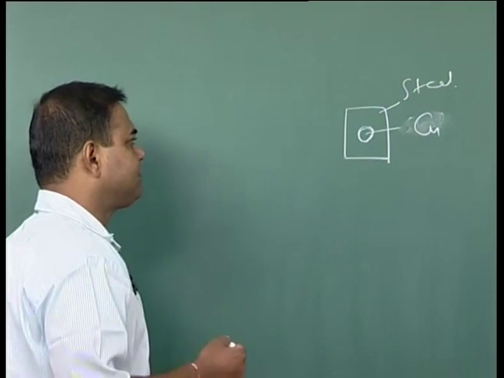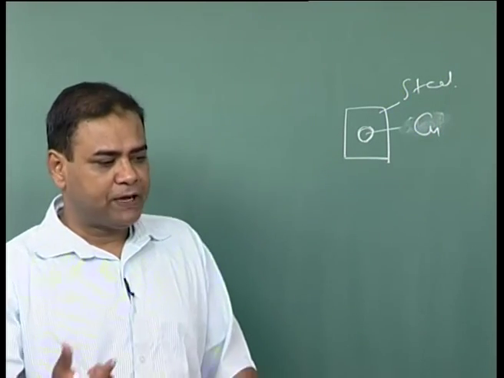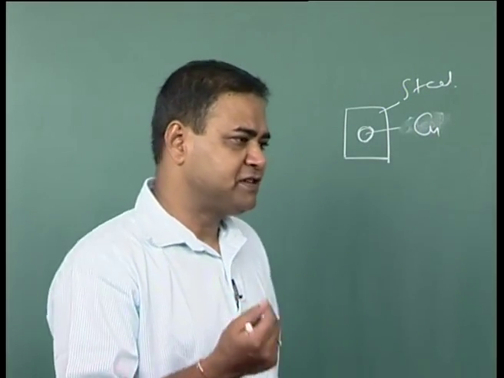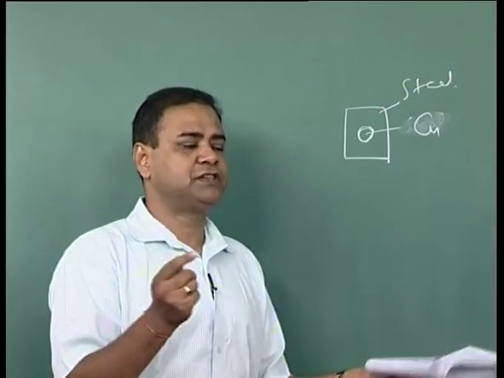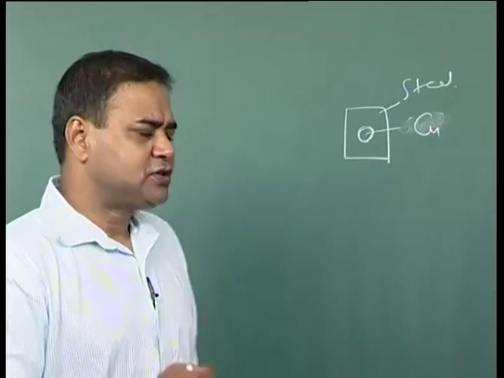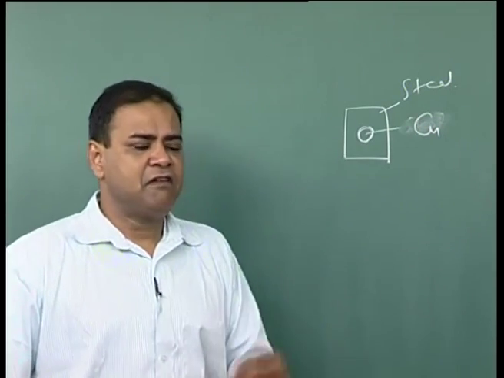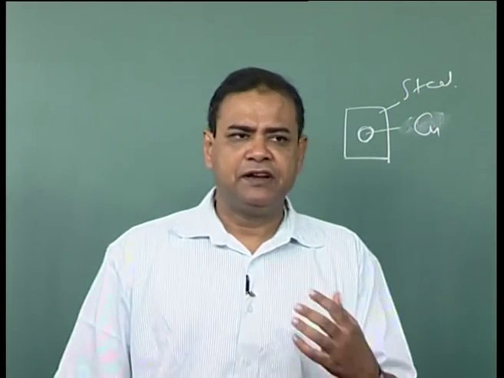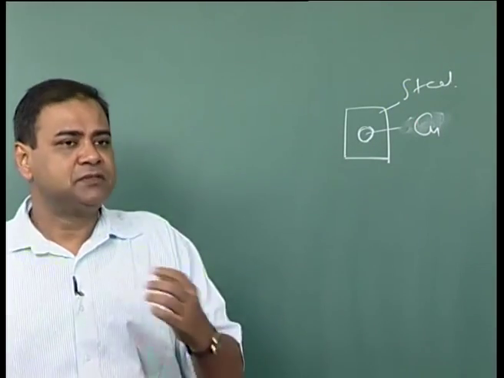In one case, for example case 1, where steel is the rivet and copper plates are to be fastened by steel rivet, you have a larger cathodic area and a very small anodic area. So, the current density at those anodic areas becomes very, very large, and current density corresponding to anodic dissolution is nothing but the corrosion.